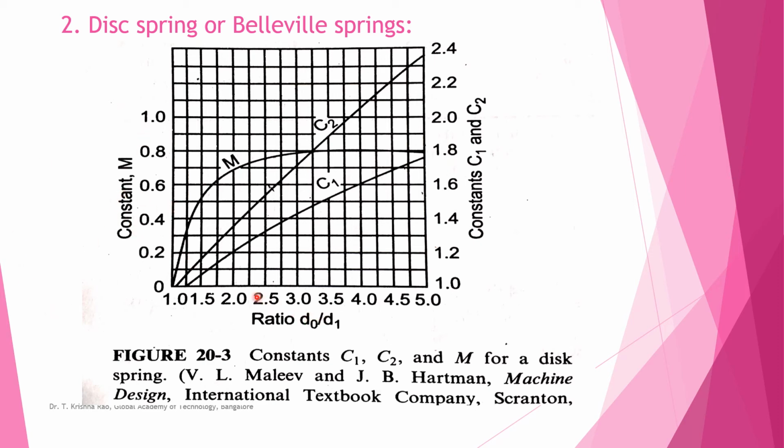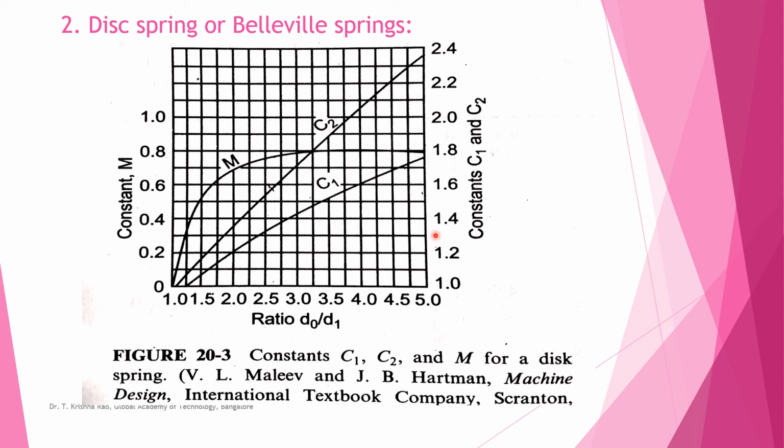Suppose D naught by Di is 2. Touch this curve here. Read the C1 value as 1.2 on the y-axis. I repeat, 2 is the ratio of D naught by Di. Go touch the first curve. Read on the right side that C1 value is 1.2. This is the C1 curve. Similarly, at 2 go up, touch the second line, which is the C2 line. Read the value on the right side.